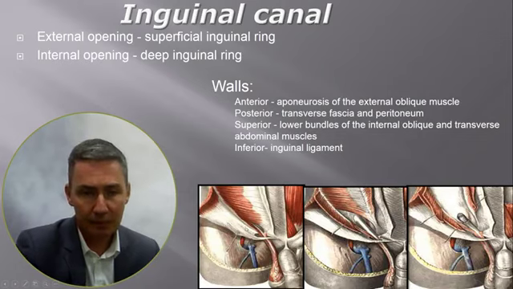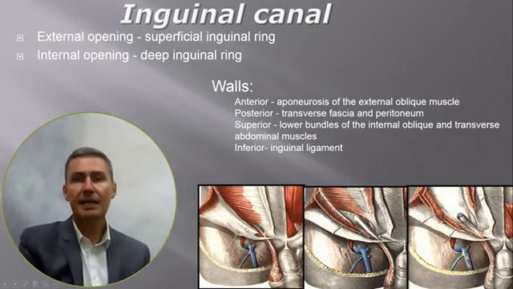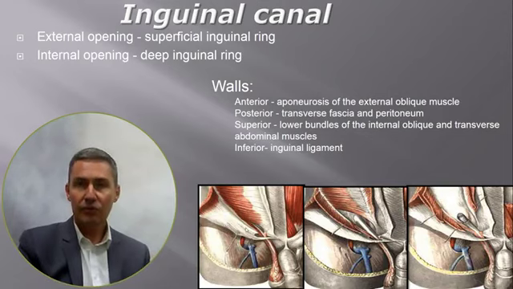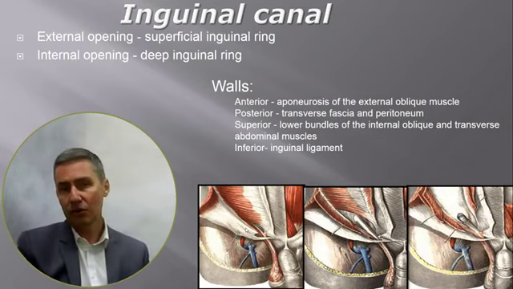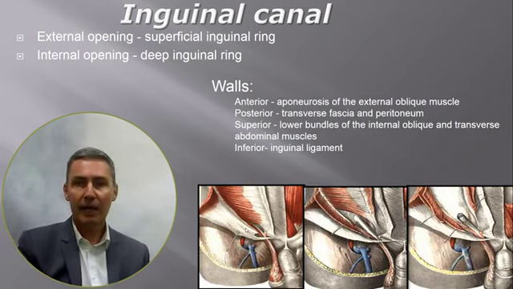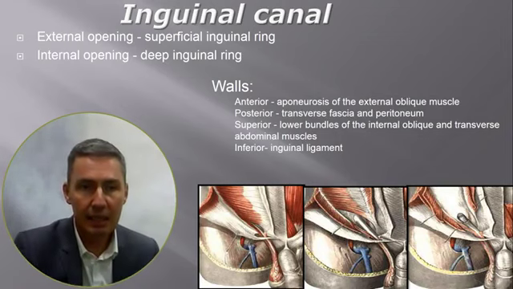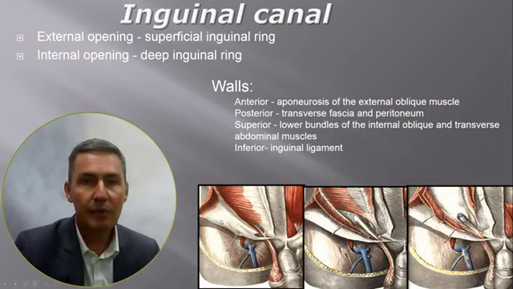This aponeurosis then attaches to the anterior superior iliac spine and also to the pubic tubercle, and in the inferior part forms a thickening, which is known as the inguinal or Poupart's ligament. So this anterior wall of the inguinal canal is formed by the aponeurosis of the external oblique muscle.